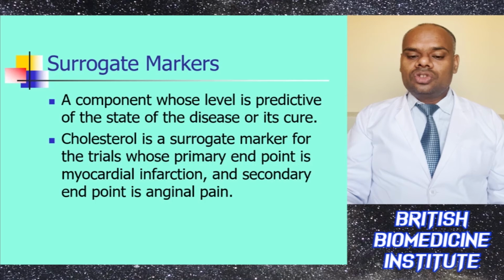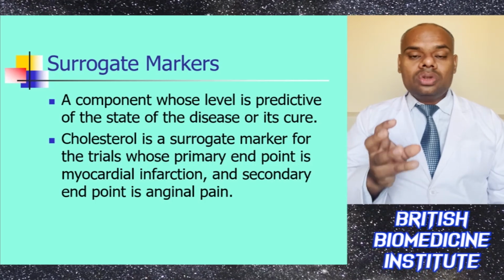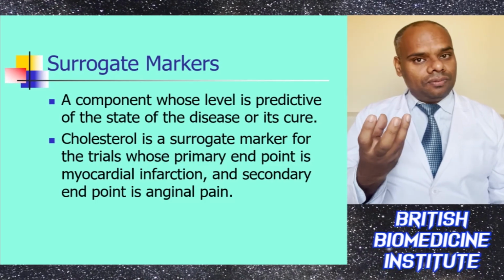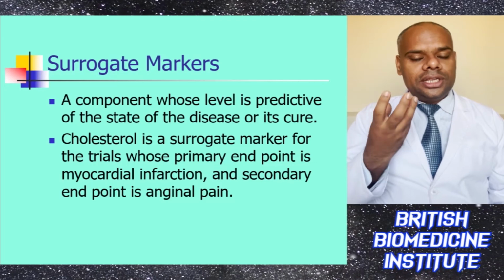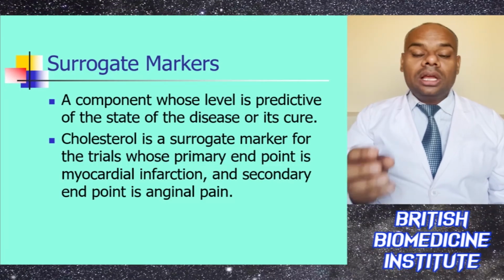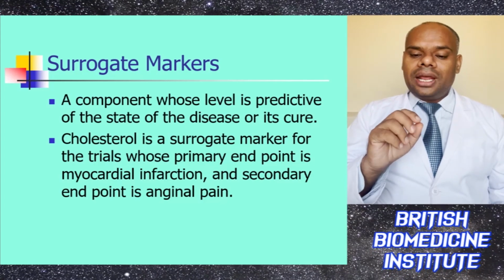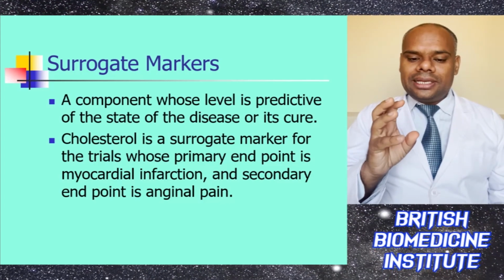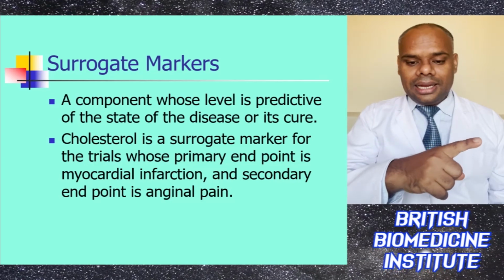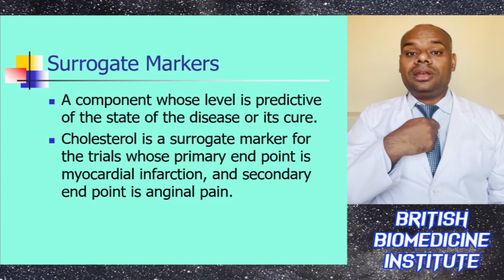Surrogate markers. Basically a component whose level is predictive of the state of disease or its cure, like cholesterol is a surrogate marker, whereas the primary endpoint is myocardial infarction and the secondary endpoint is chest pain.